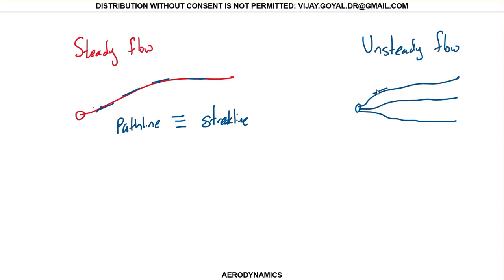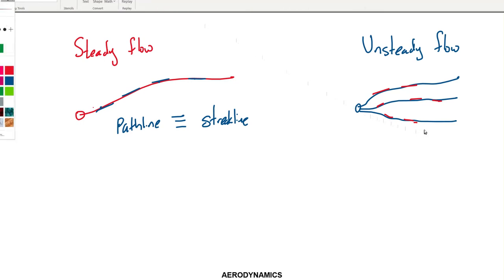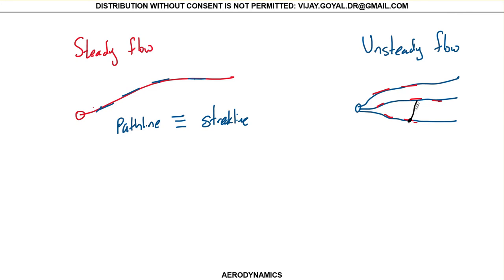Each path line is going to have its own tangential value. They don't have to follow the same value. And that's why, when you draw this, streak lines don't necessarily follow, they're not equal to the path line. Okay.